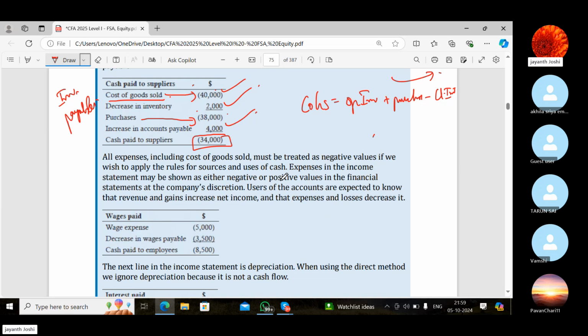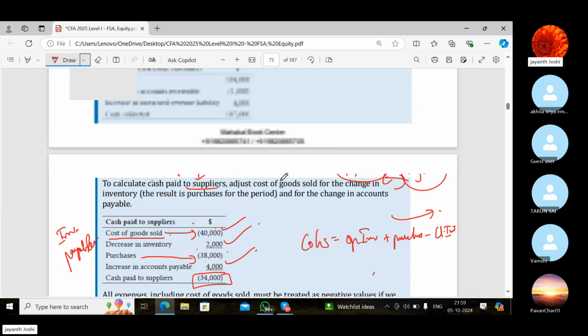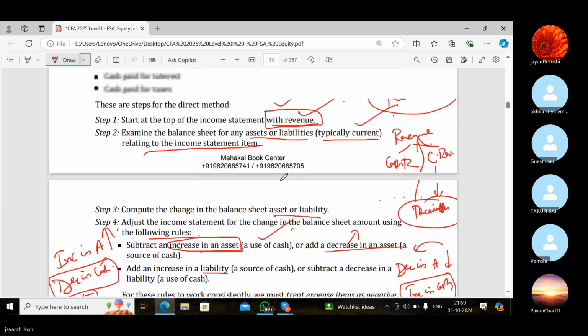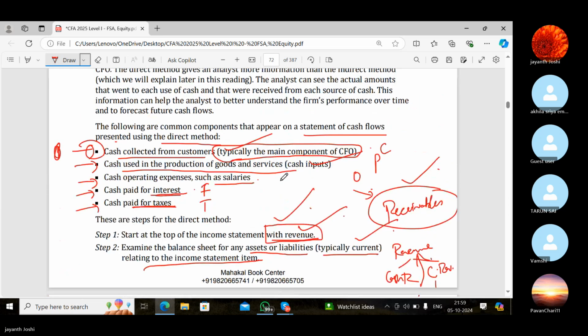Now we need to go for the next one. The format says we need to check the cash operating expenses. Cash collected from customers is done. Cash paid to suppliers is done. Cash used in production of goods and services, that we need to check here.